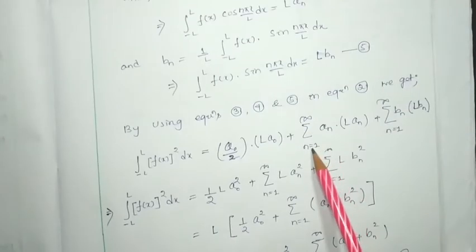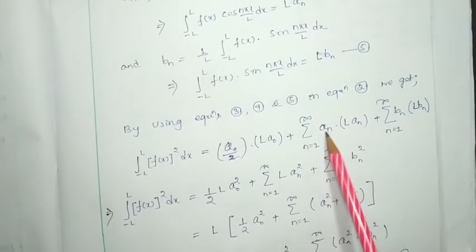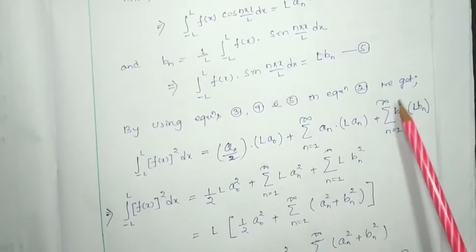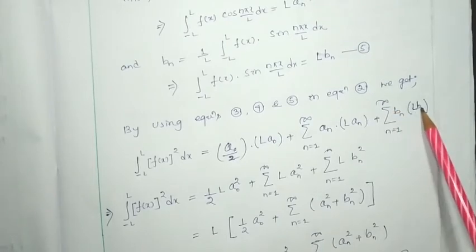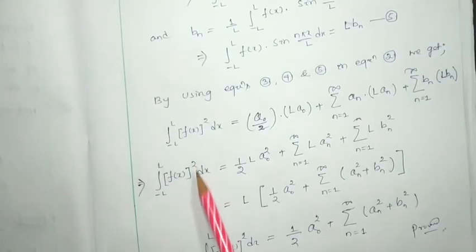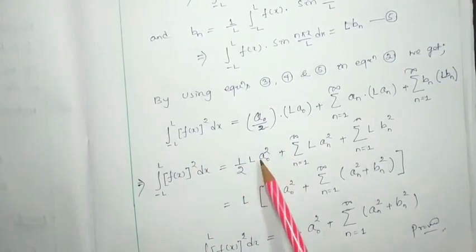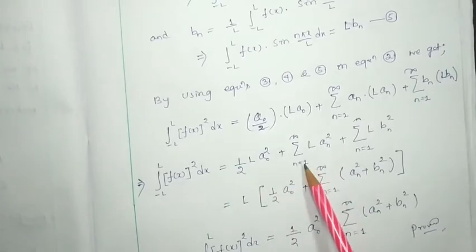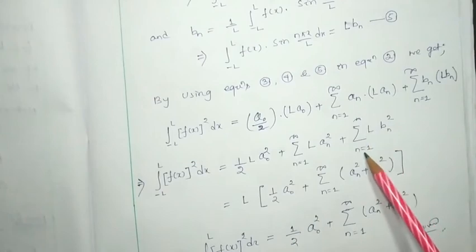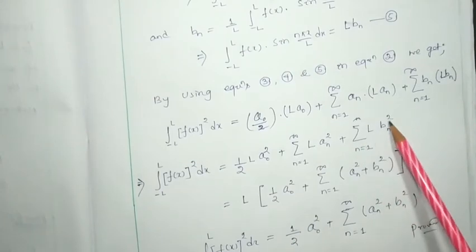Likewise here, summation over n equal to 1 to infinity an into L an plus summation over n equal to 1 to infinity bn into L bn. So that implies integral from minus L to L of f(x) square dx will be 1 by 2 L a0 square plus summation over n equal to 1 to infinity L an square plus summation over n equal to 1 to infinity L bn square.